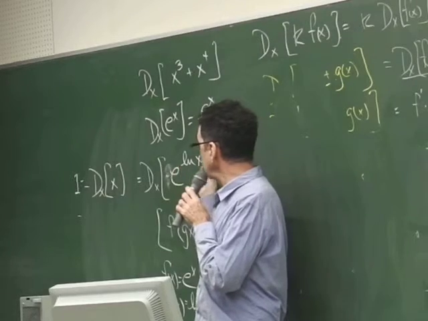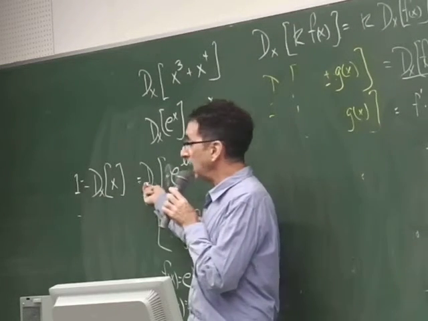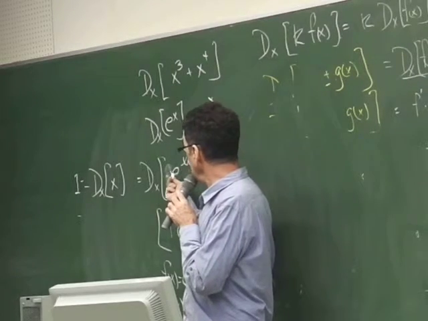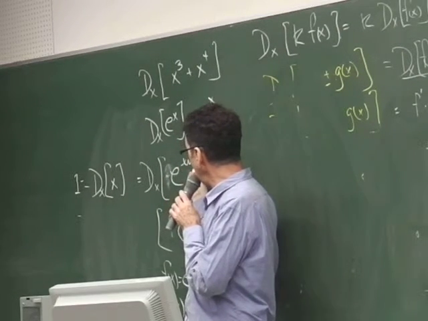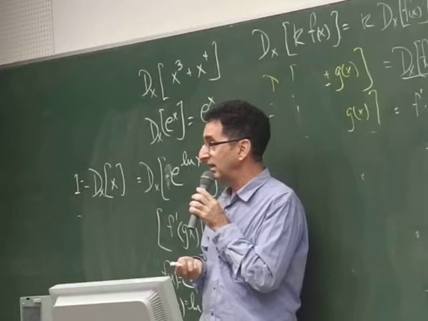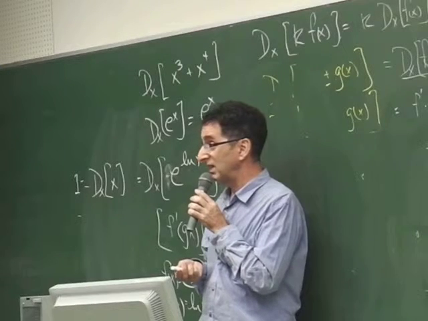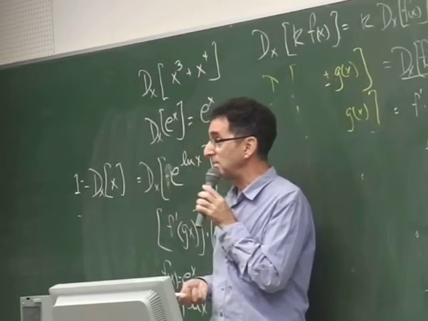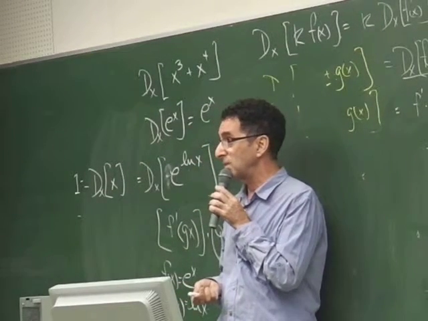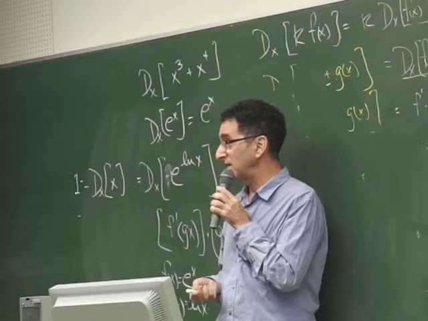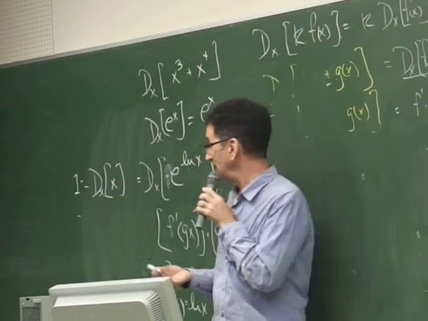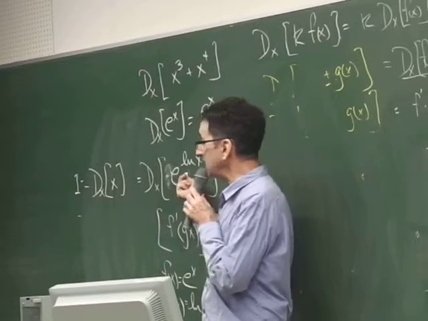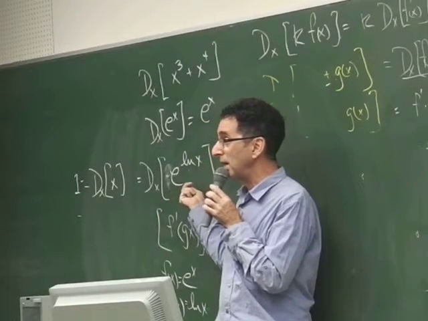So e to the ln of x, and I'm going to ask for the derivative of that. On the one hand, e to the ln of x is just x, because they're inverses. So I'm just asking for the derivative of x, which is just 1. But on the other hand, I can apply the chain rule.